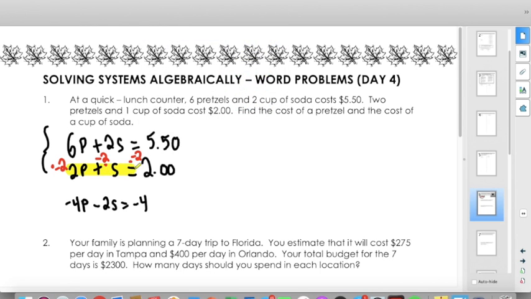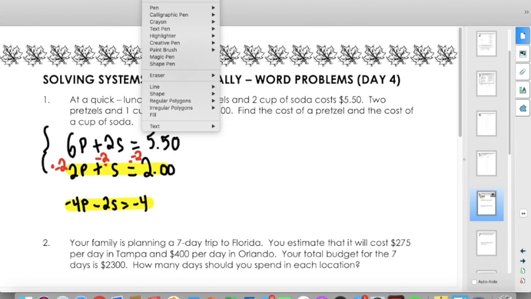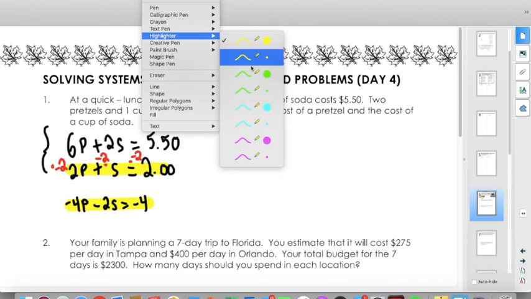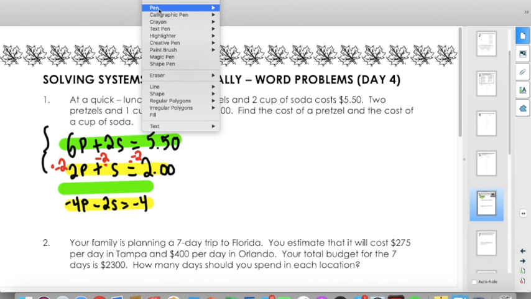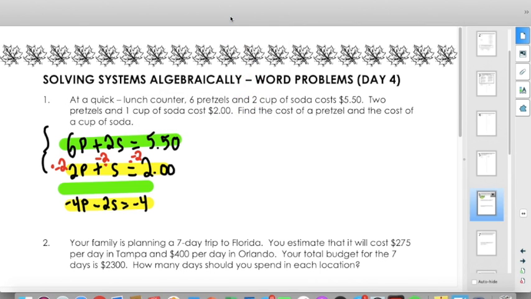So this became this. And now let's rewrite my other equation. I'm going to put this down here because I still need to add my two equations, right? Because I have to get rid of that s. So this equation is 6p plus 2s equals 5.50.